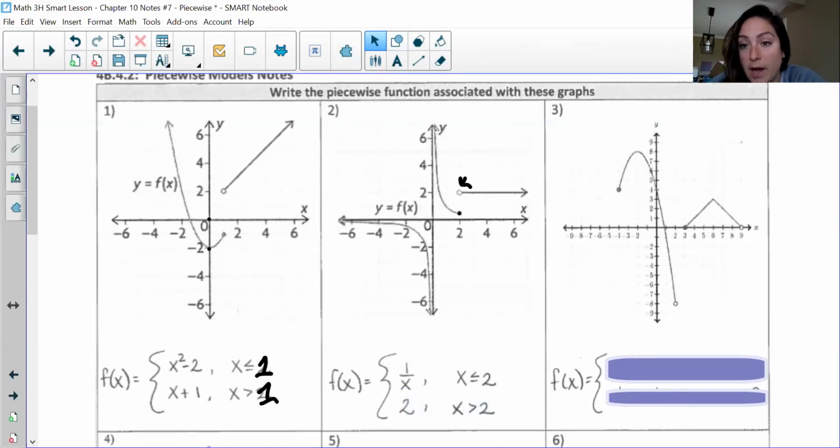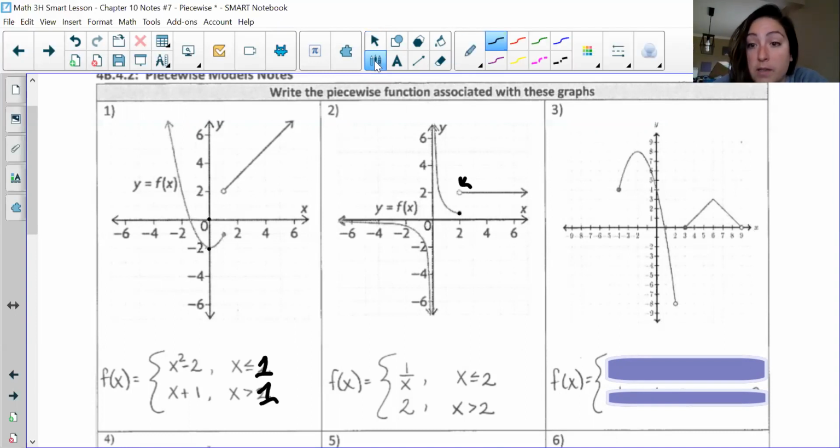Our next graph appears to be a quadratic and an absolute value. So the vertex of our quadratic looks like it got shifted left 2 and up 8.